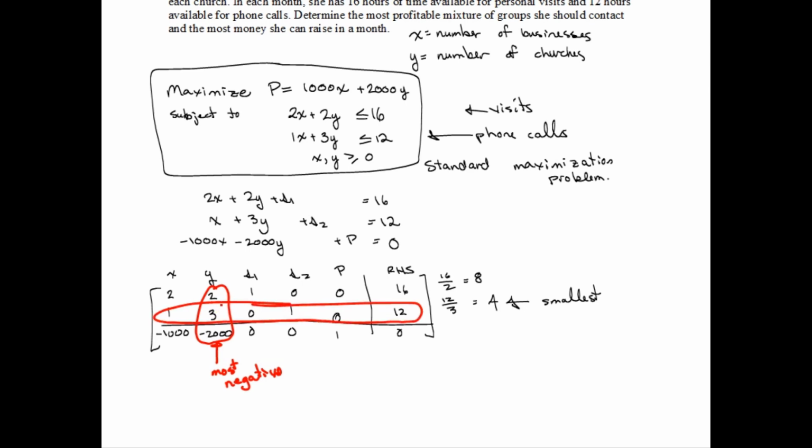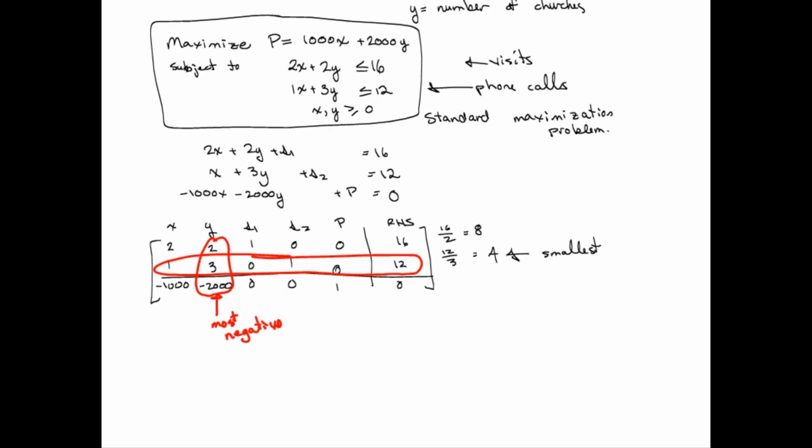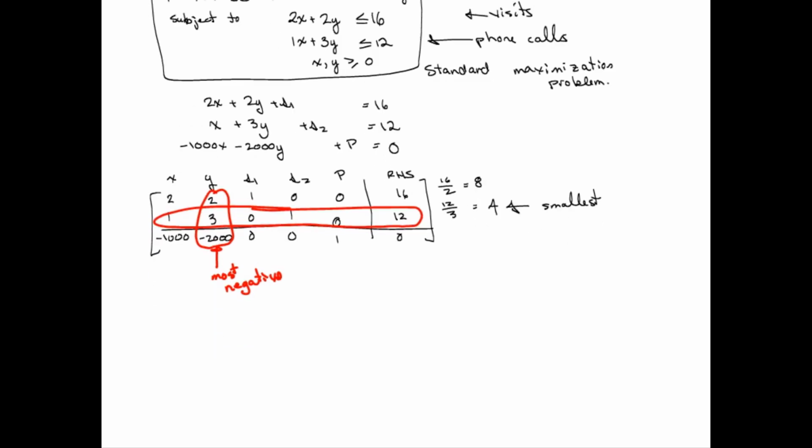You should know how to do all the row operations in your pivot. I'm going to assume here that we are not calculating those row operations by hand, but are using some sort of technology to do that. And so I'm just going to write the matrix that we obtain after we do our pivot.